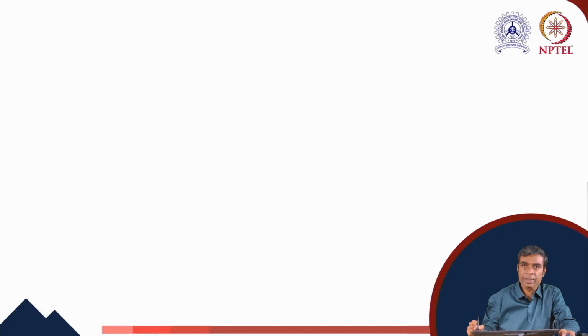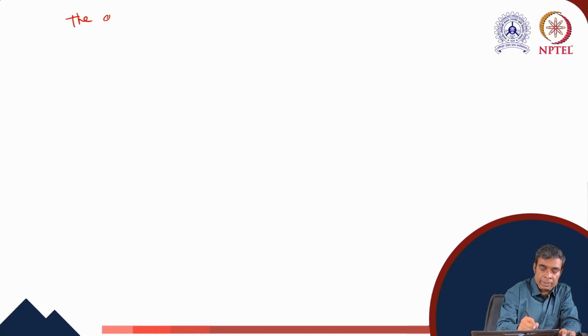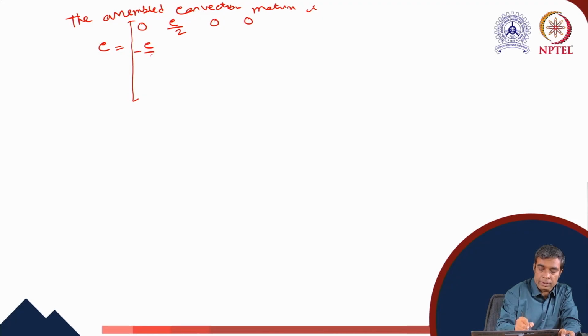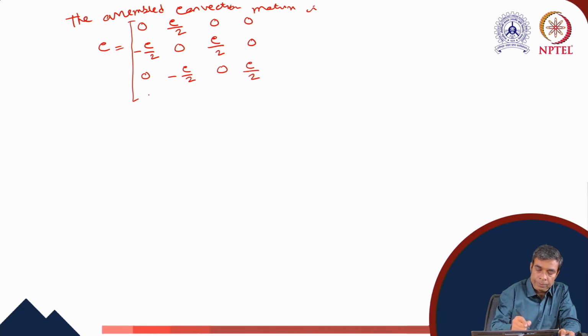We can rewrite this expression here. The assembled convection matrix is C equals to 0, C by 2, 0, 0 minus C by 2, 0, C by 2, 0, 0 minus C by 2, 0, C by 2, 0, 0 minus C by 2, 0.